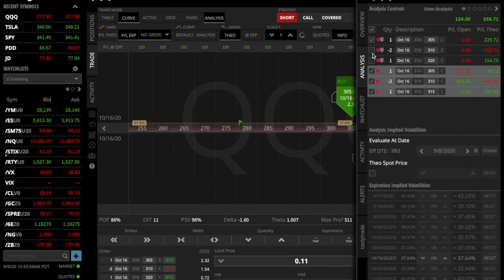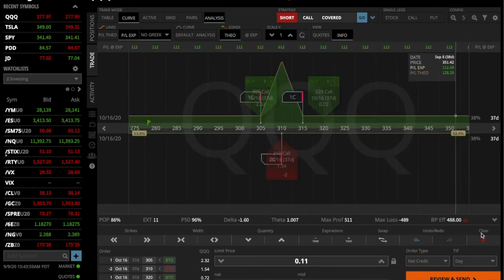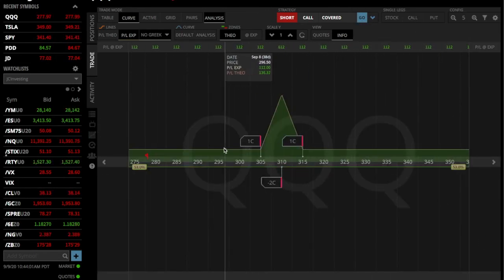Here's the profile of what your position looks like after you take off all the risk. So truly a free trade at this point. I have no risk on. You can let this one run all the way up to expiration. 38 days, there's a lot that can happen.